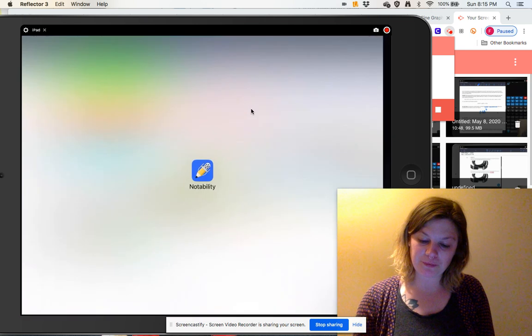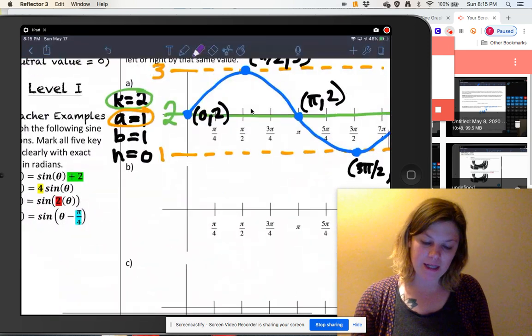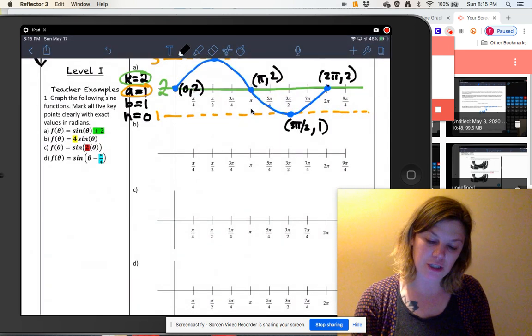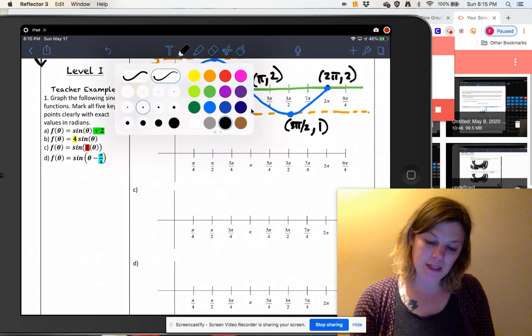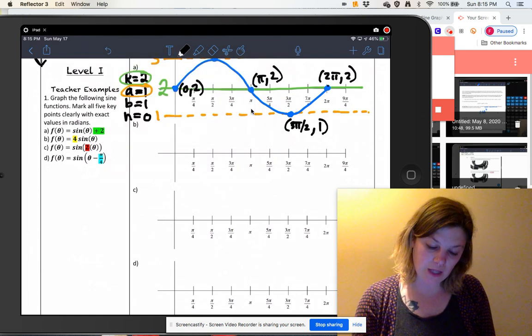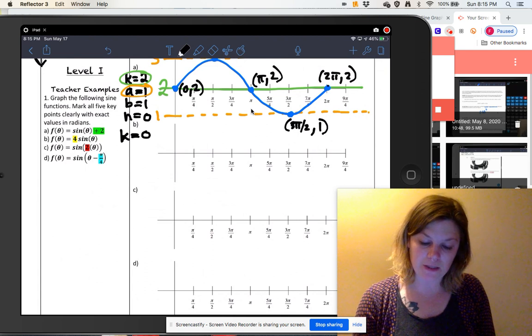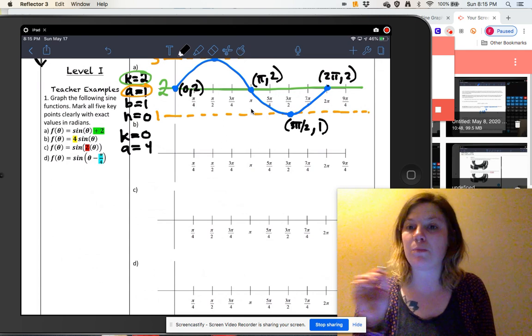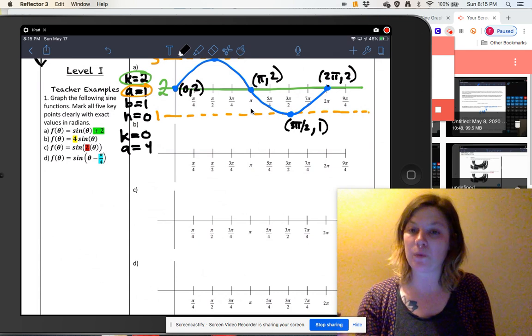Okay. So let's go back and start on teacher question B. So teacher question B, we're going to write down all our values. We have K. There's no K shown, so we would say plus 0 equals 0. Our A value comes next. I see that there's a 4 in front of the sine, so that means 4 is being multiplied, so our A value is 4.